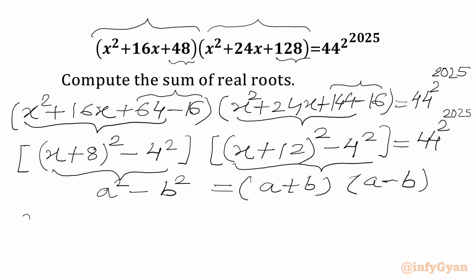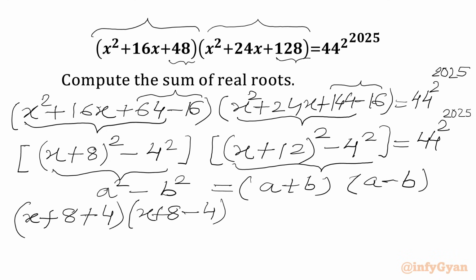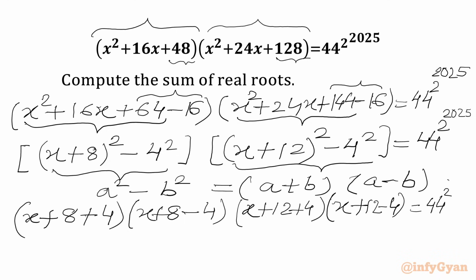So we can get x plus 8 plus 4, x plus 8 minus 4, then we will get x plus 12 plus 4, then we will write x plus 12 minus 4, equal to 44 raised to the power 2 raised to the power 2025.